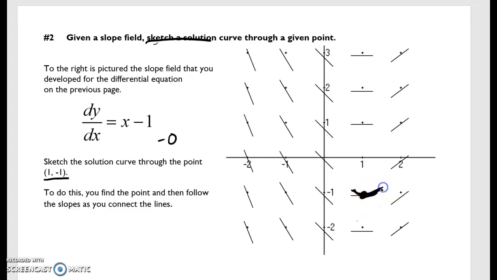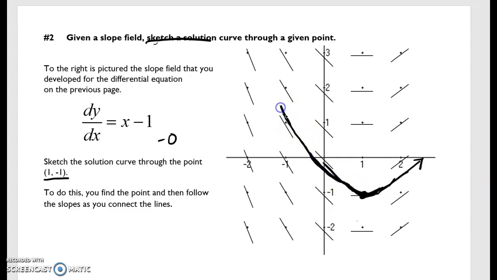Over here, my slope is 1. So I'm essentially just going to kind of sketch between these graphs. I want to make sure that my graph matches up the slope of the lines around it. Then I want to go all the way to the edge of the graph. All right, over to the left. This doesn't have to be perfect. As you go, you just kind of move along with the curve of the lines.